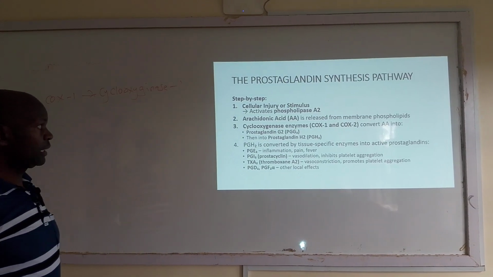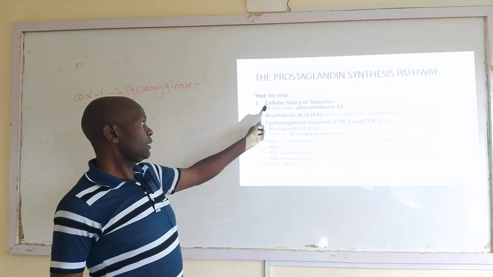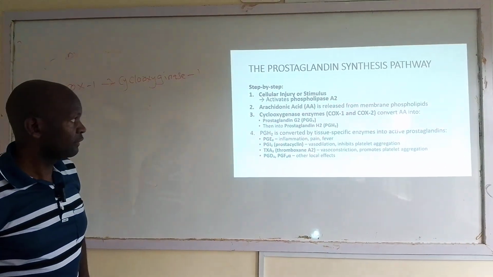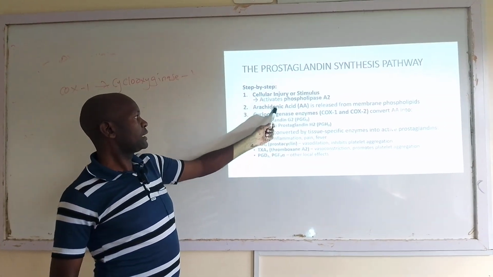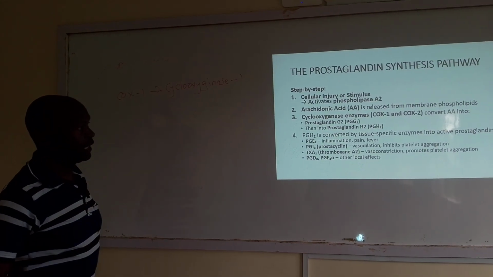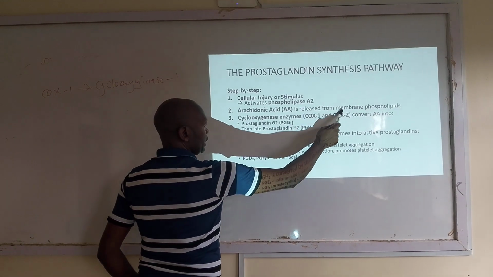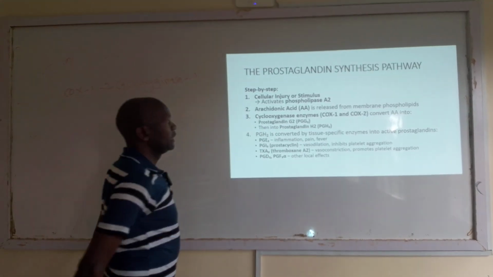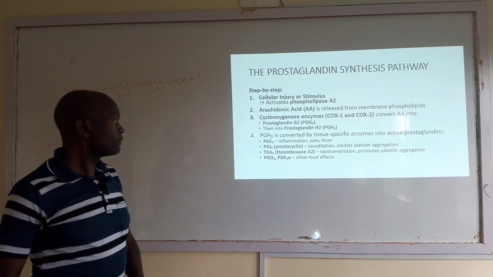So this is the summary of that diagram, what we have talked about, step by step. There is cellular injury. After cellular injury, phospholipase A2, an enzyme, is activated. Once activated, it converts arachidonic acid, which is released from the phospholipids, the structure I mentioned in the cell membrane. Once produced, these two enzymes, COX-1 and COX-2, that is cyclooxygenase 1 and cyclooxygenase 2, will convert arachidonic acid into prostaglandins.